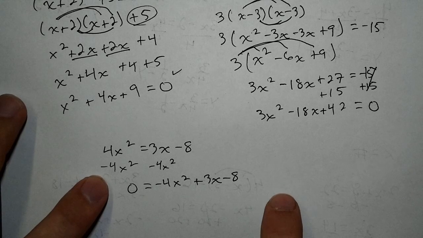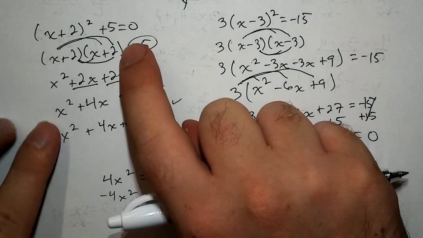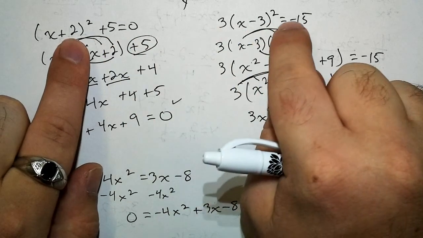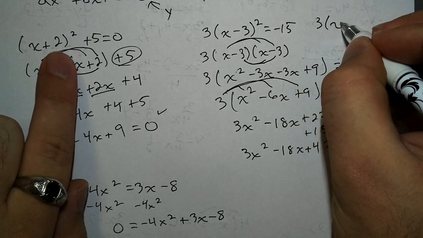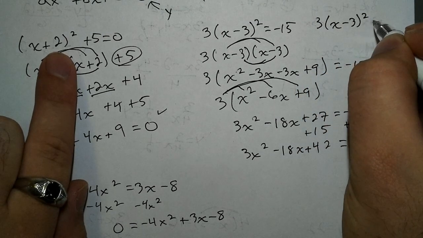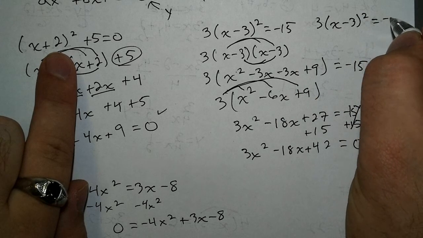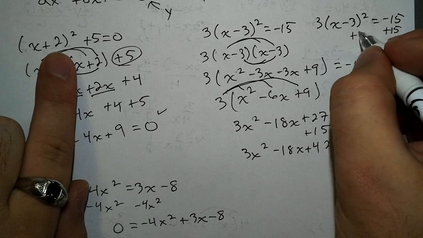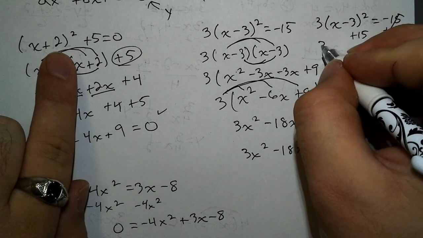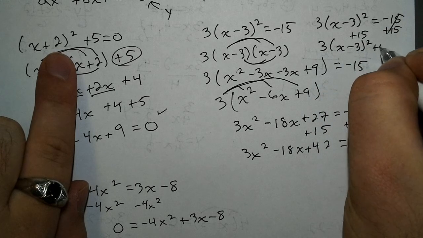Now, a really convenient thing on your calculator, if you have everything on one side, like this one, or if on this step, instead, we did 3 times x minus 3 squared, and then we add 15 early, so I'm going to add 15 here and get 3 times x minus 3 squared plus 15.